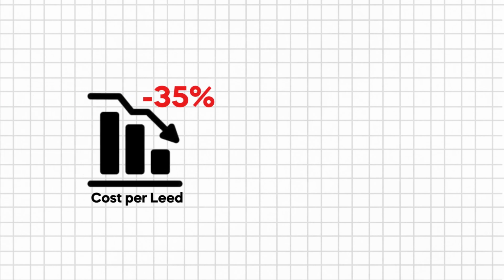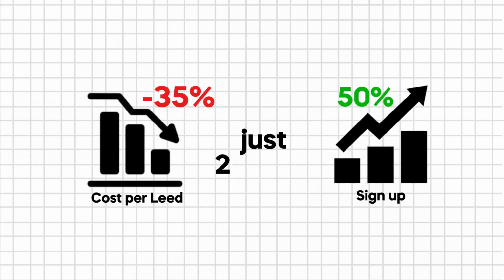We saw a 35% drop in our cost per lead and a 50% increase in sign up in just 2 weeks. So targeting an audience that is already engaged with your content means you're reaching people who are one step closer to buying. So if you've been ignoring this hidden feature, now is the time to try it. Build lookalike audience based on engagement, and you'll notice a big improvement in your conversion rate.